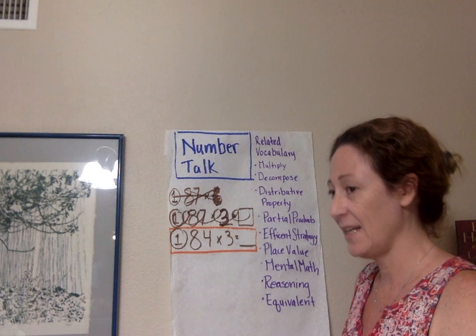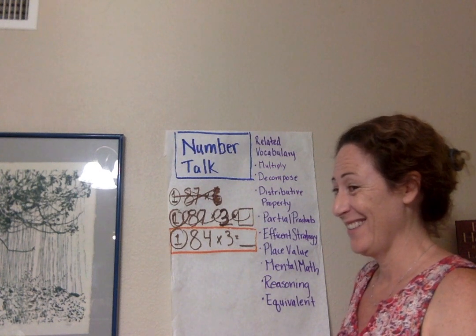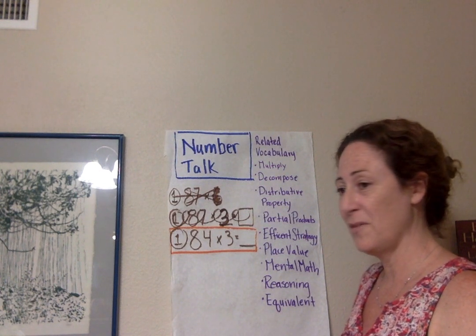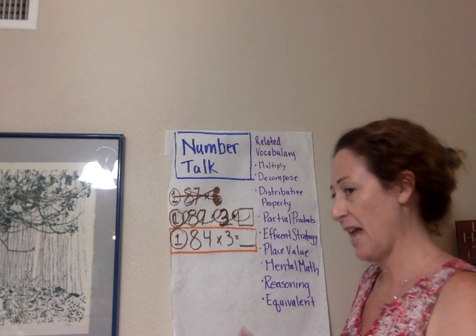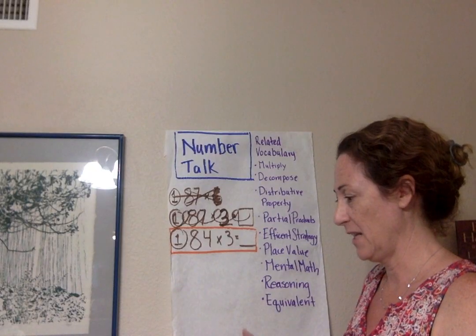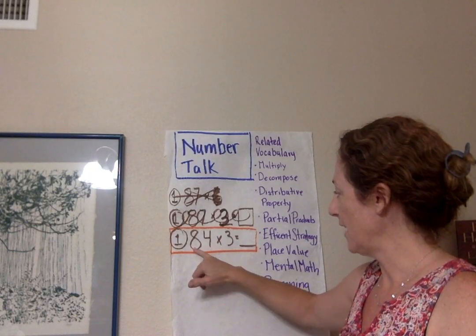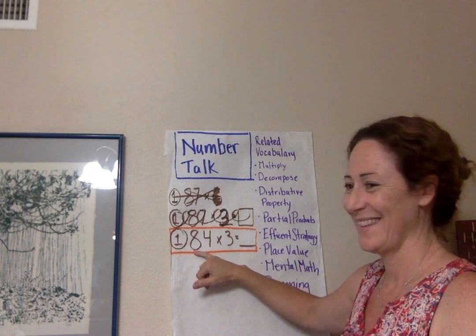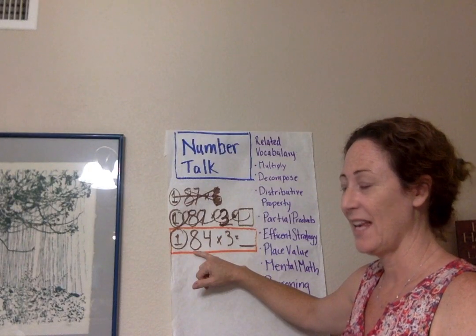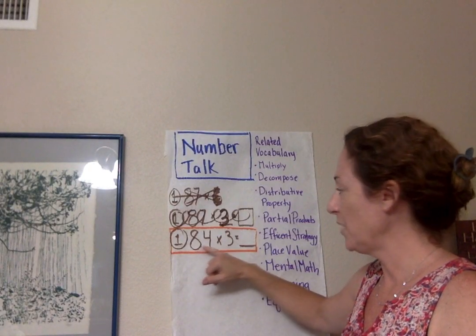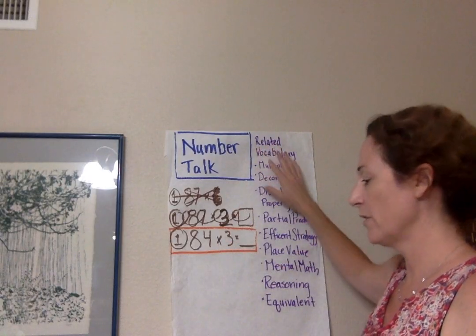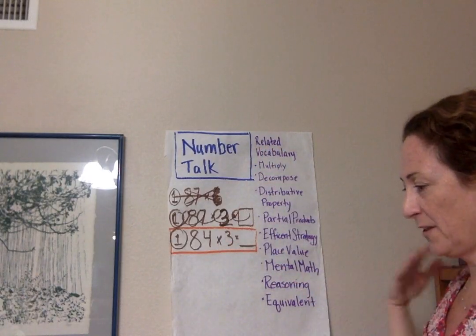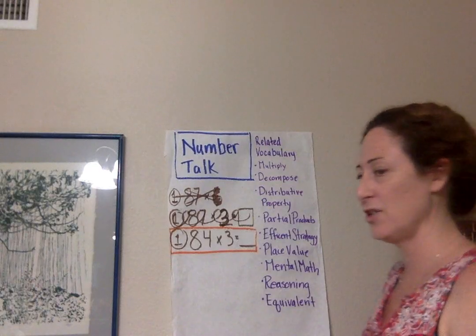Okay? Now, let's use some of your mental math skills to think about what that could be. Maybe an average, an estimate. Now, I want you to think of mental math strategies. I'm going to go over some related vocabulary to help give you some ideas about strategies you could use.